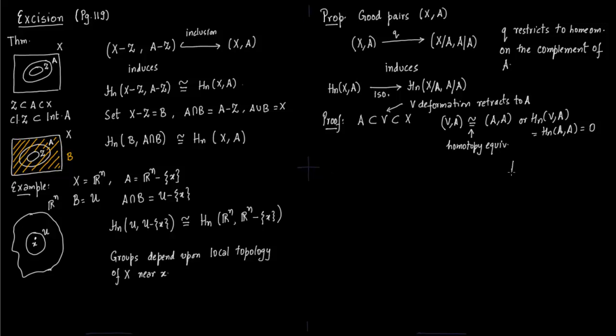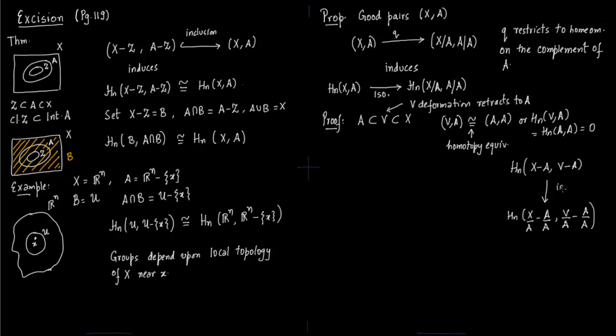So now we want to draw a commutative diagram which will end up proving this proposition. First we draw this map Hn(X minus A, V minus A), and then Hn(X/A minus A/A, V/A minus A/A).